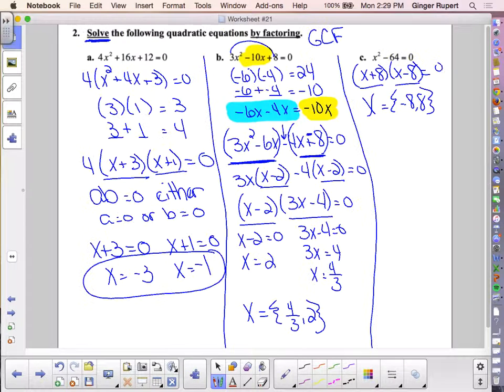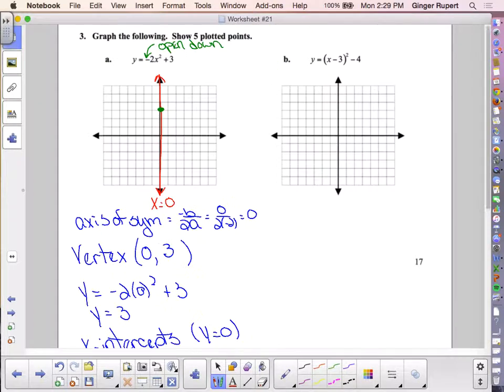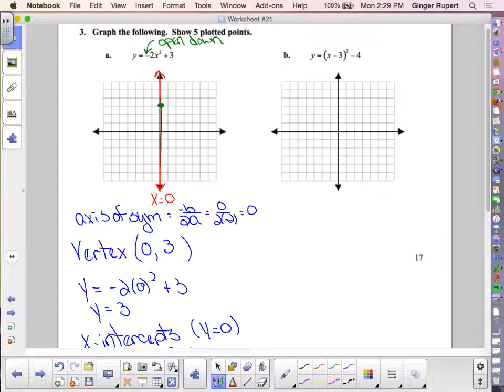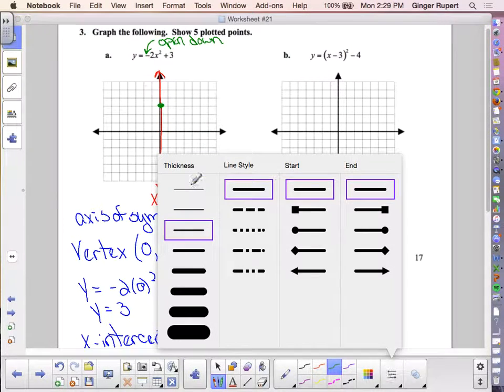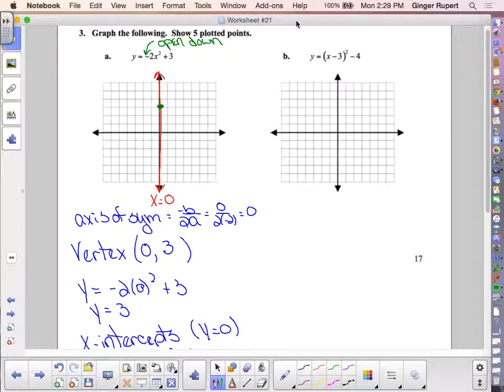Let me scroll back up. And graph these points. So I have the x-intercepts at plus and minus the square root of 6 over 2. And I said go ahead and get a decimal approximation for this. We'll go ahead and put those on and graph that parabola.